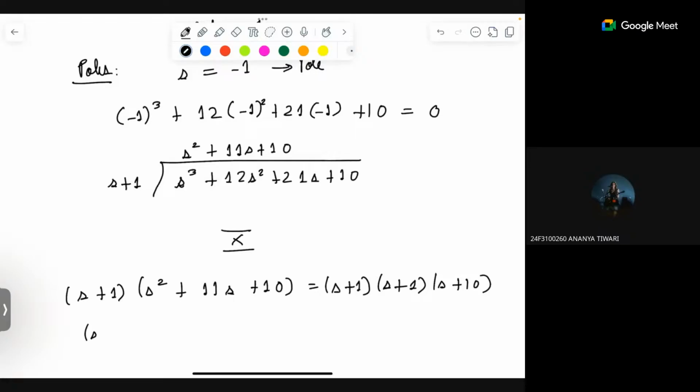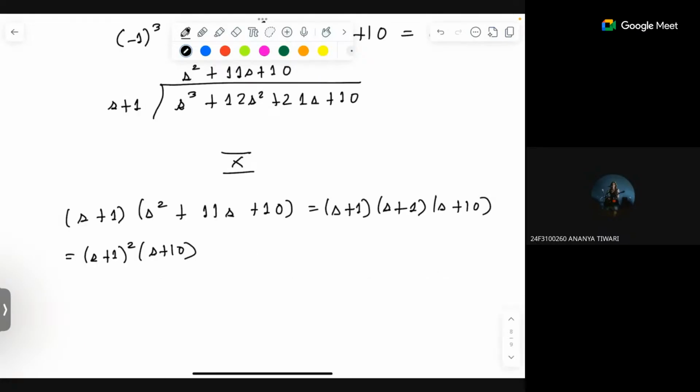So what do I have? s plus 1 square times s plus 10. One pole is s equal to -1, which is of order 2. The other pole is s equal to -10 of order 1. So poles: -1, order 2; -10, order 1.